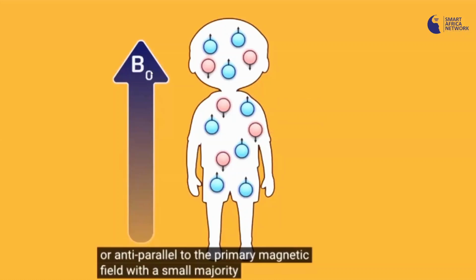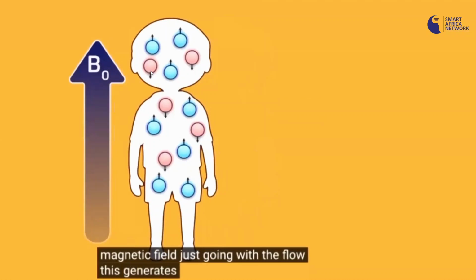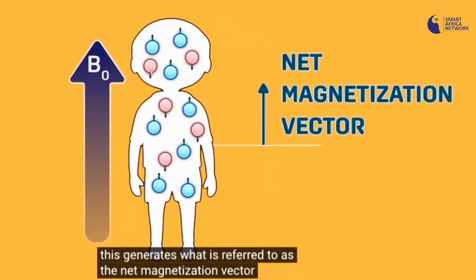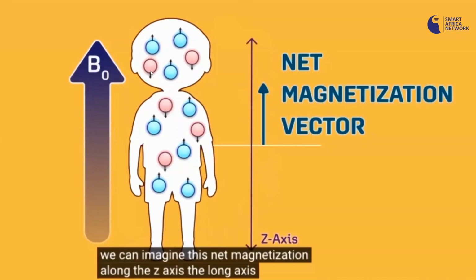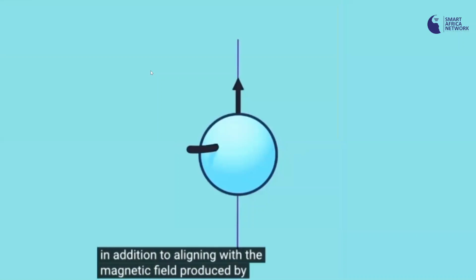This generates what is referred to as the magnetic field produced by the MRI scanner. The protons in your body are also spinning along their axes like little tops or globes. This is called precession or nuclear spin.